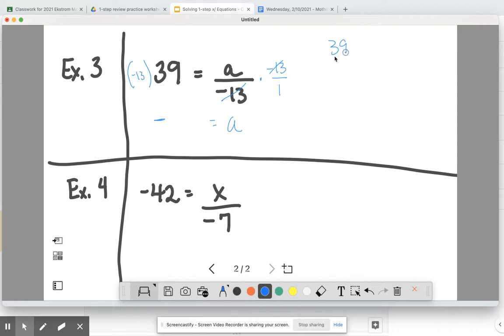And 39 times 13 is going to be 27, 9 plus 2 is 11, 9 times 1, 1 times 3. Alrighty. I believe it is negative 507.